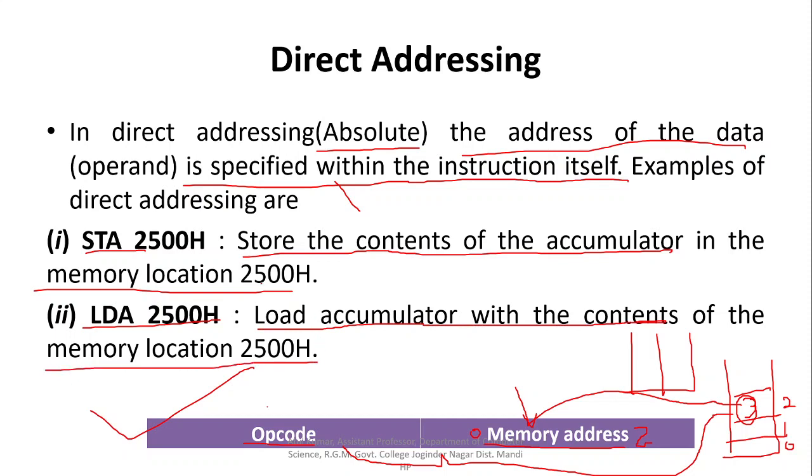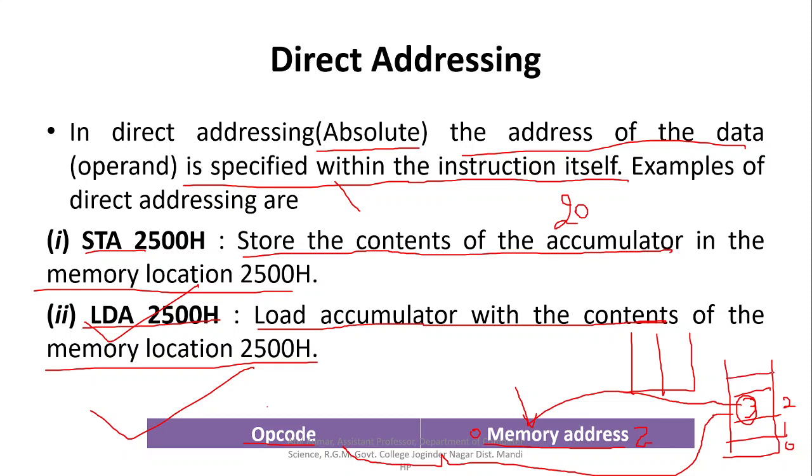So the first instruction is store, and the second is load. In the case of store, we store the contents of the accumulator in the memory location specified in the instruction, that is 2500H. Suppose the content of the accumulator is 20, so 20 is stored.